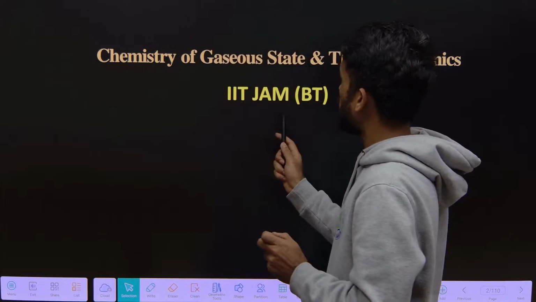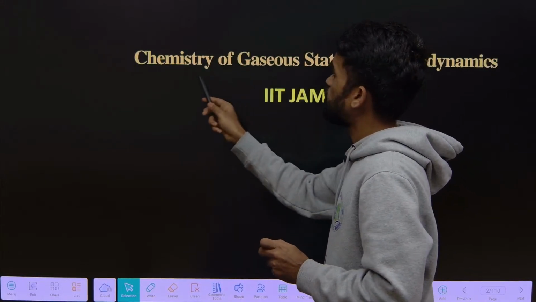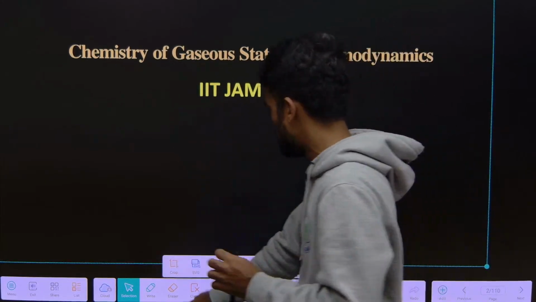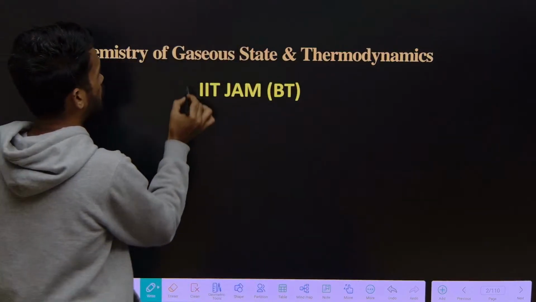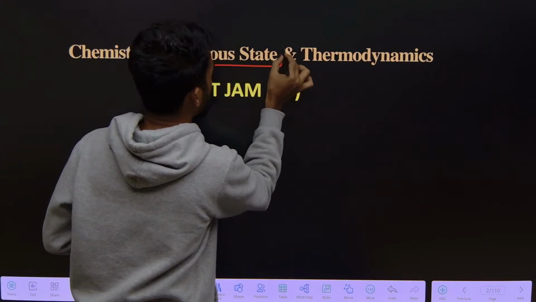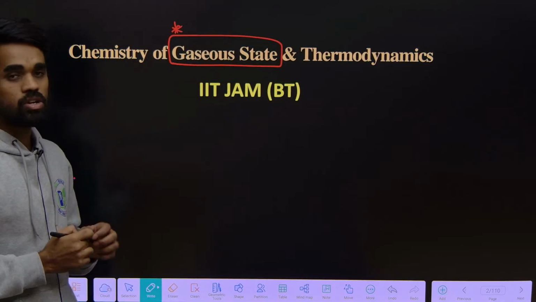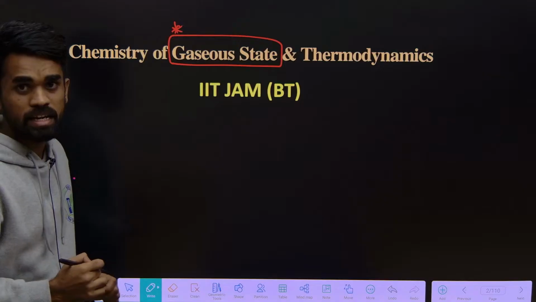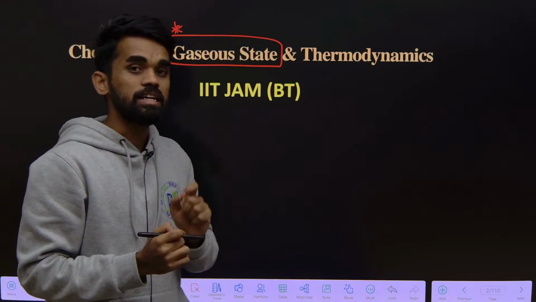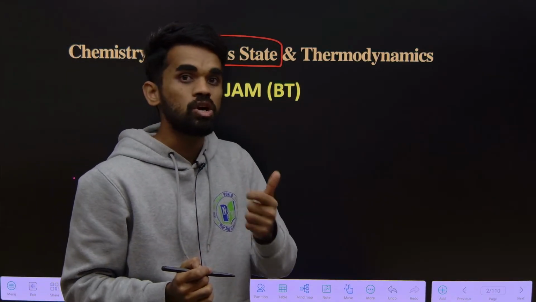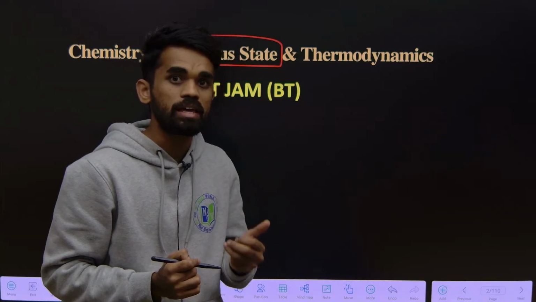So in the last class we have seen thermodynamics along with these states of matter, that is gaseous states. In the last session I clearly discussed the states of matter, especially the gaseous state. In this gaseous state there are some basic laws: Boyle's law, Charles' law, Avogadro's law, and Gay-Lussac's law.